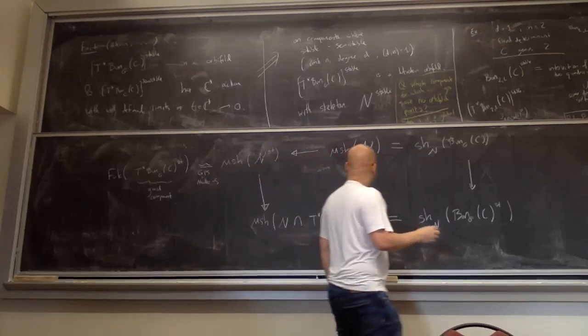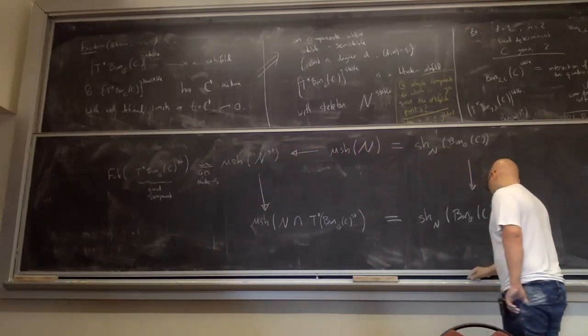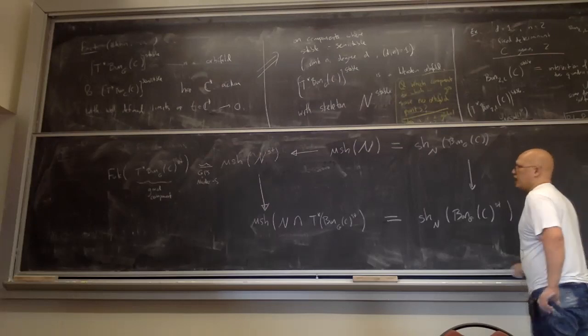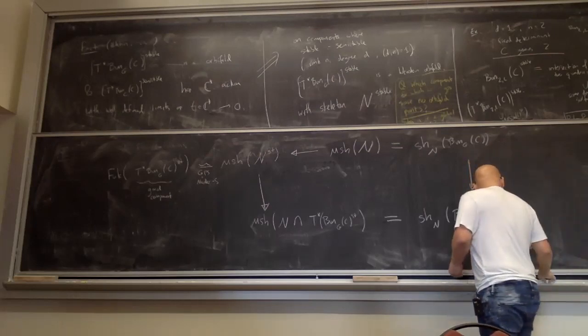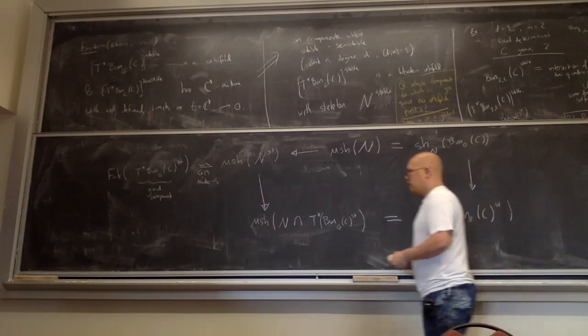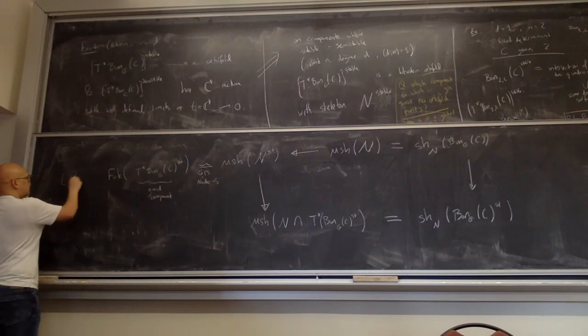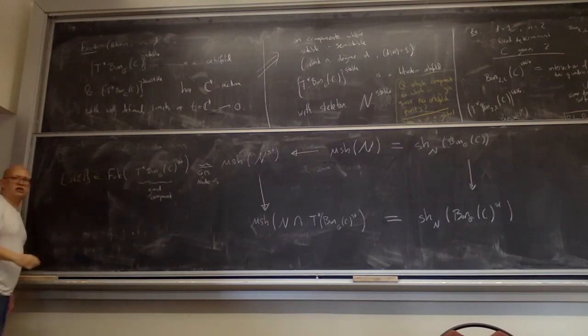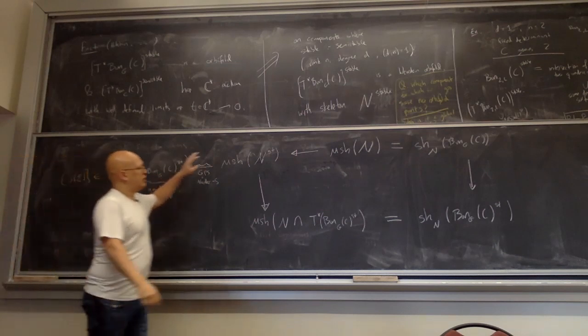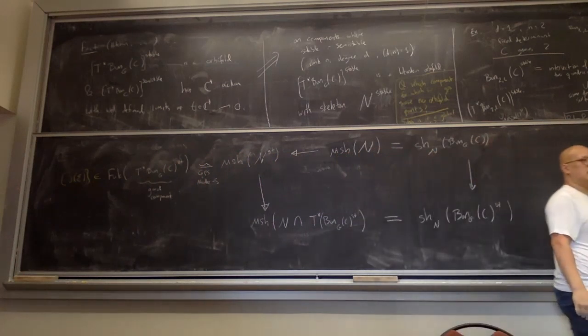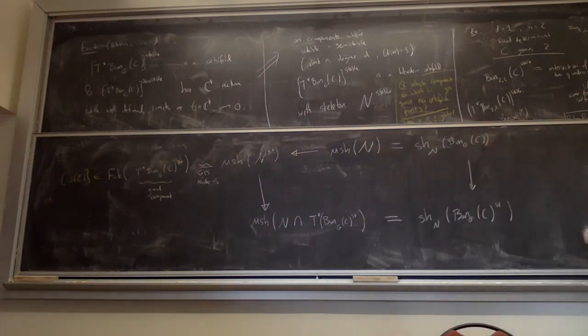And so now I can begin with this J sigma, an object in here, and I can send it maybe here, and then take an adjoint. Okay, that's the map.